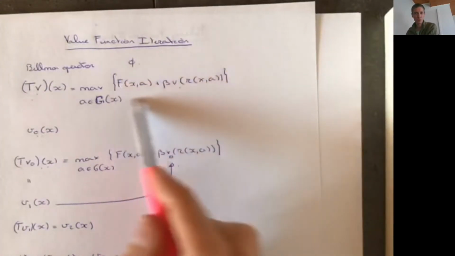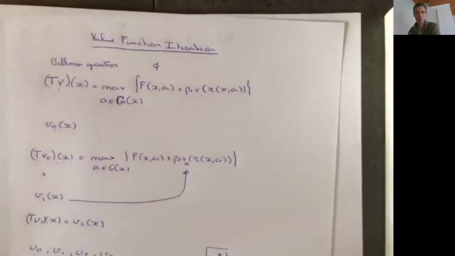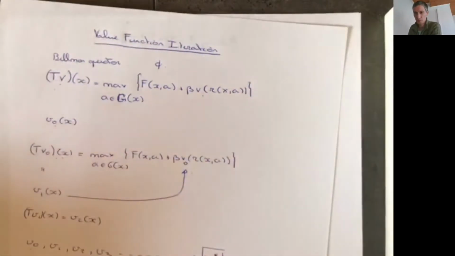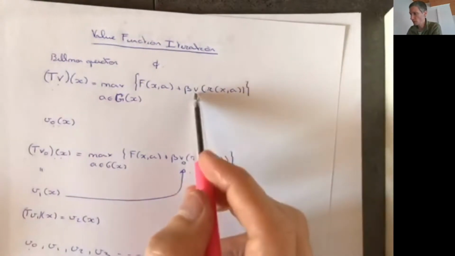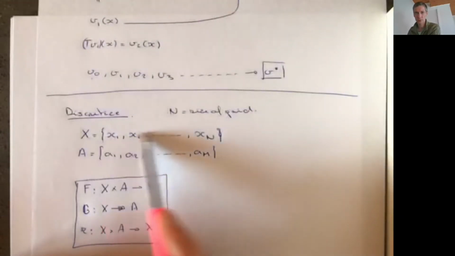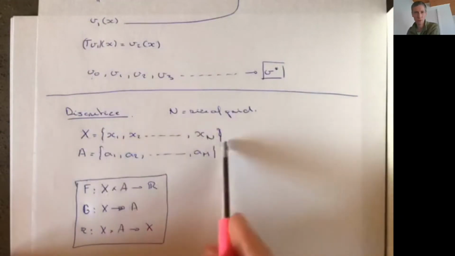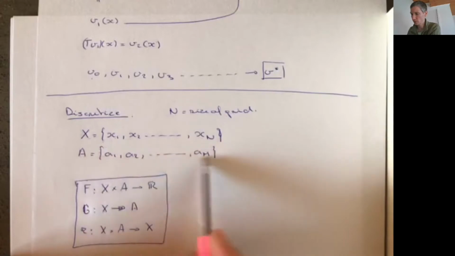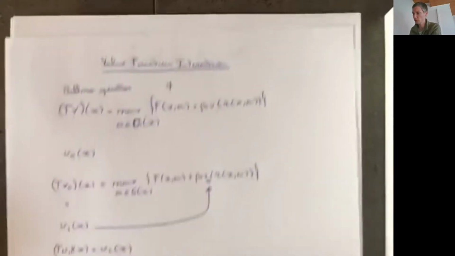Then what we need to do is somehow implement this maximization problem in a computer. In order to do this, we have to store the set of states x in some data structure, and we have to store this set of actions in some data structure.